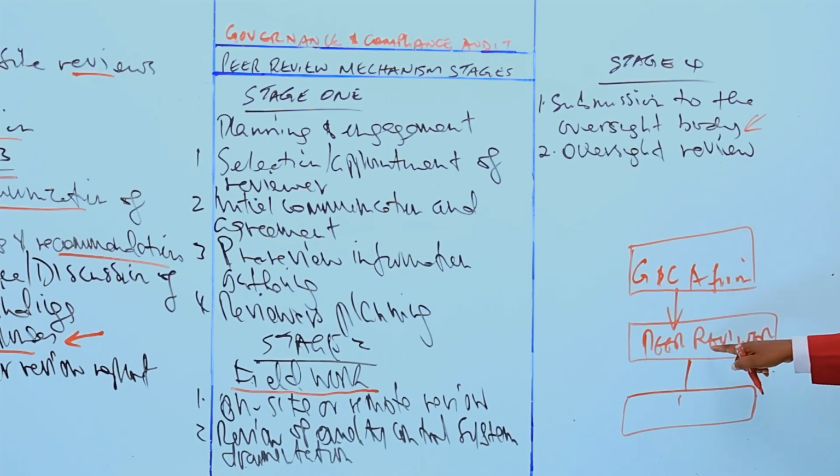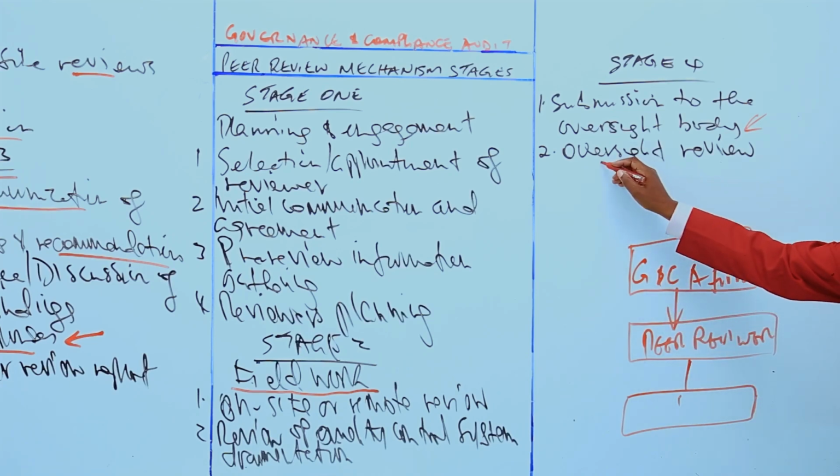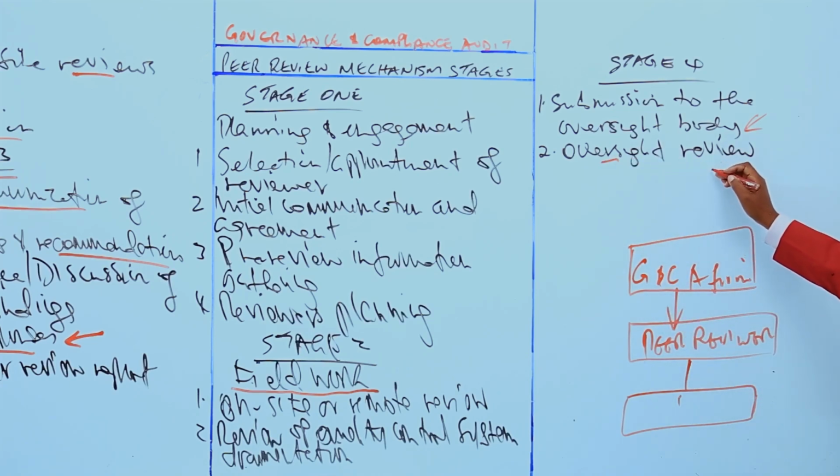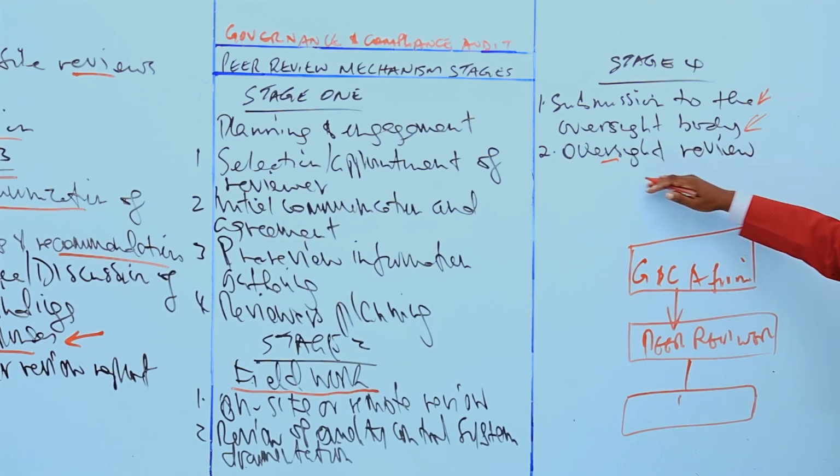That means the work of the peer reviewer is again reviewed by an oversight body, because the report is submitted to the oversight body or the administrative entity, which reviews the peer review report.